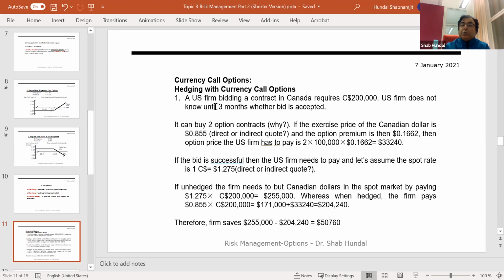It means that even though it would be decided after 3 months whether you buy the Canadian factory or not, if you want to buy the currency call option contract, you need to pay 33,240 American dollars to the bank. How? Because for 1 Canadian dollar, the premium is 0.1662.